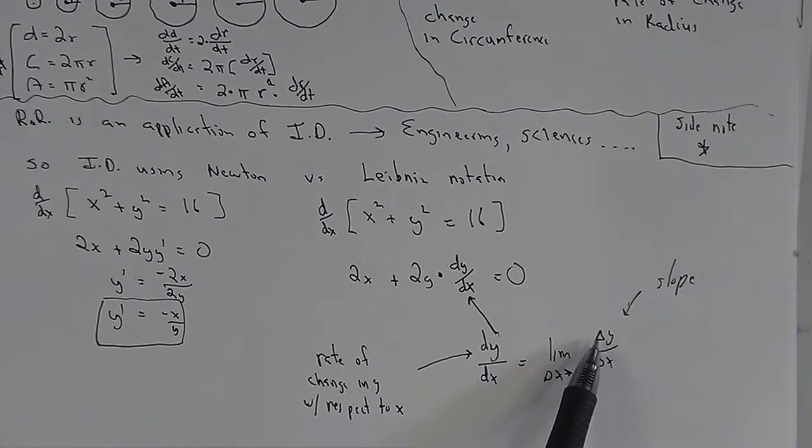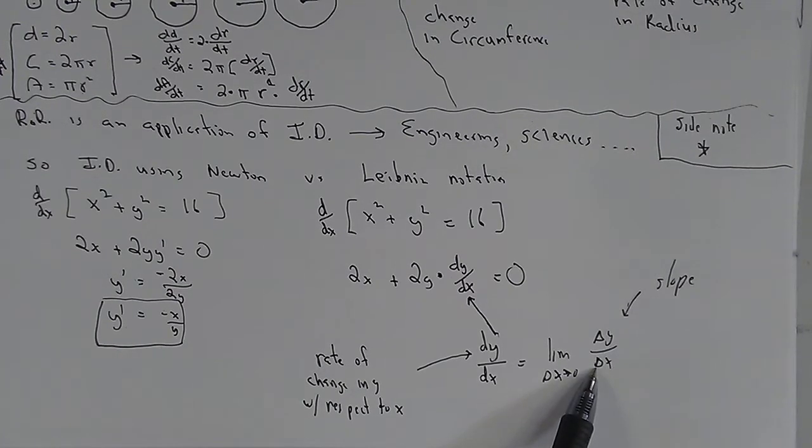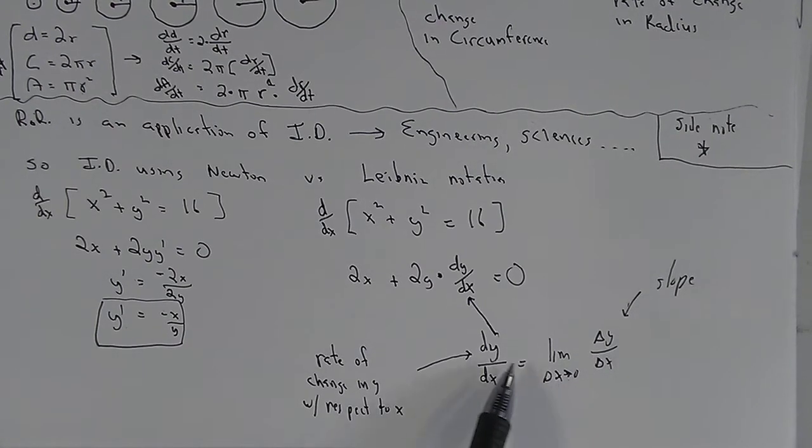It's the limit of the slope of the line as we zoom in on that little piece of curve. So the limit as delta x approaches 0 of the slope can be written as dy/dx. This is the rate of change in the y-coordinate with respect to the x-coordinate. That is our derivative. The derivative is a rate of change.